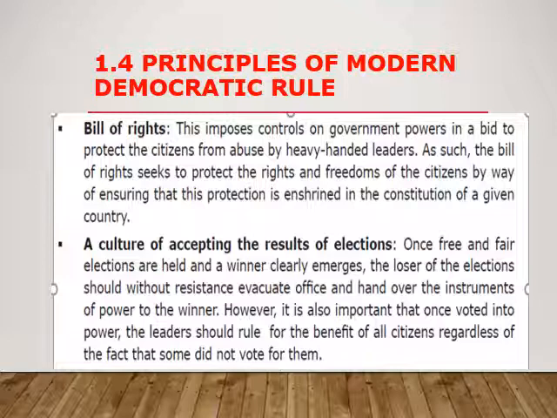Once free and fair elections are held and the winner clearly emerges, the loser of the election should, without resistance, abdicate office and hand over the instruments of power to the winner. However, it is also important that once voted into power, the leaders should rule for the benefit of all citizens, regardless of the fact that some did not vote for them.